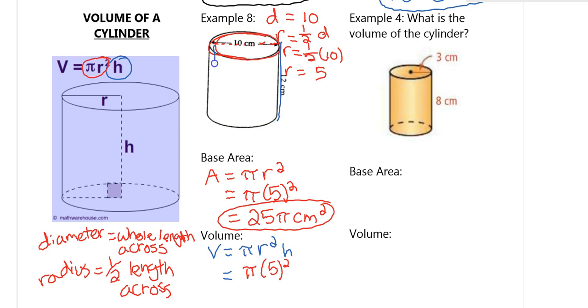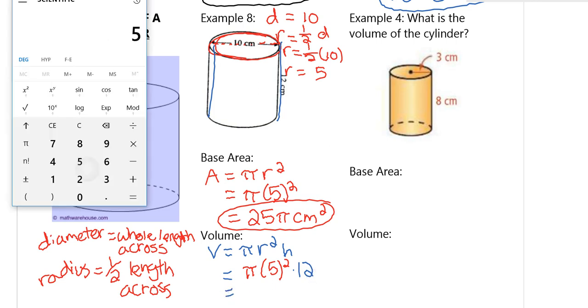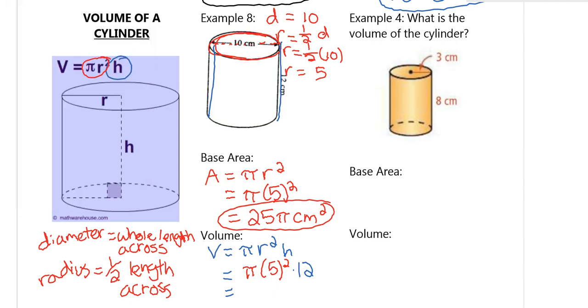So sometimes it'll be on this side, sometimes it'll be on this side, right? But I have 12. So again, I can do 5 squared times 12, and I get 300 centimeters cubed.